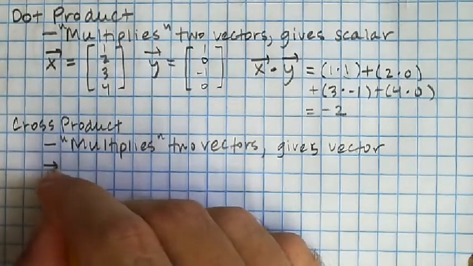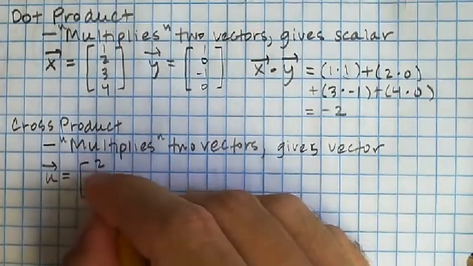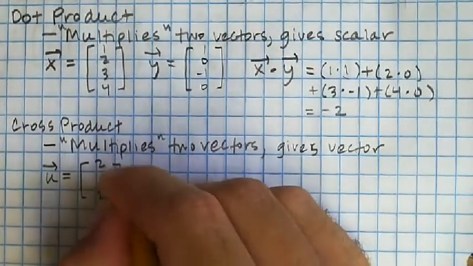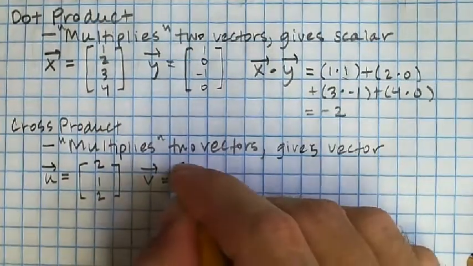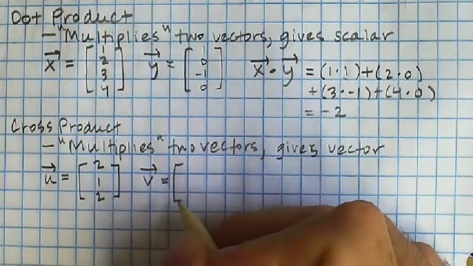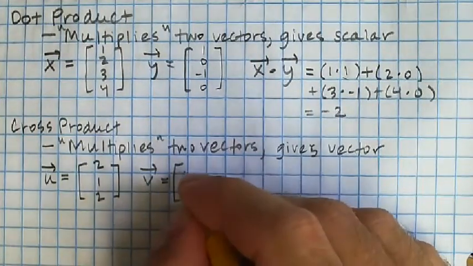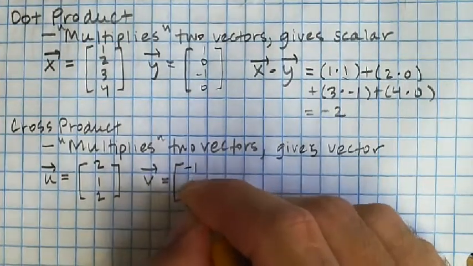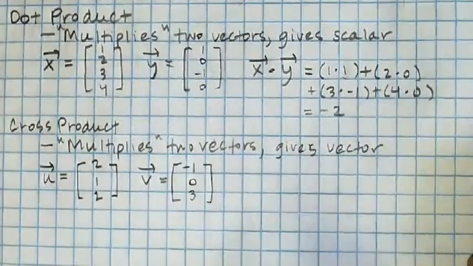So U equals 2 1 2, and V equals, how about negative 1 0 3? I think that should keep the numbers pretty nice.